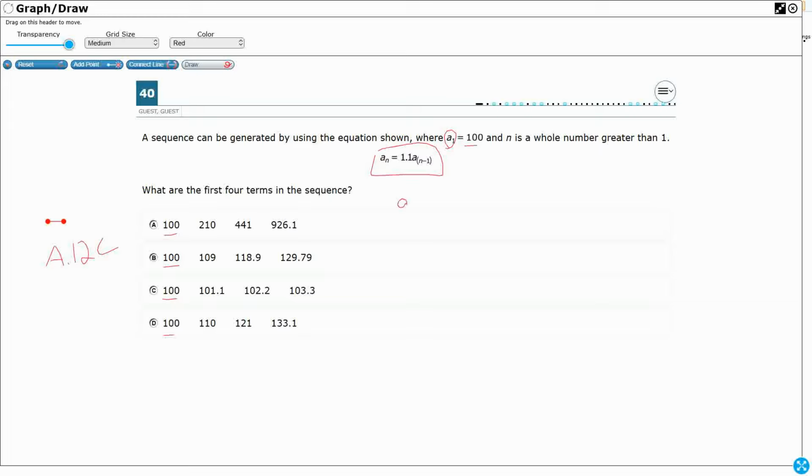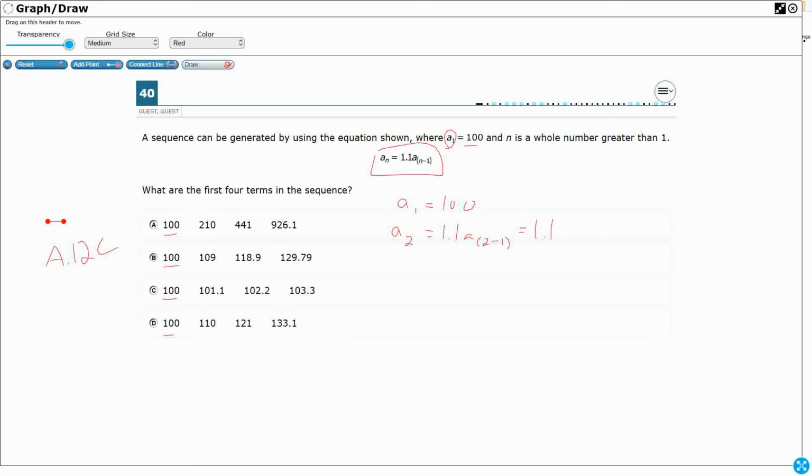So if A sub 1 equals 100, okay? So A sub 2 equals, and I'm going to use this right here, 1.1 times A sub n minus 1. So A sub 2 minus 1. So what is A sub 2 minus 1?